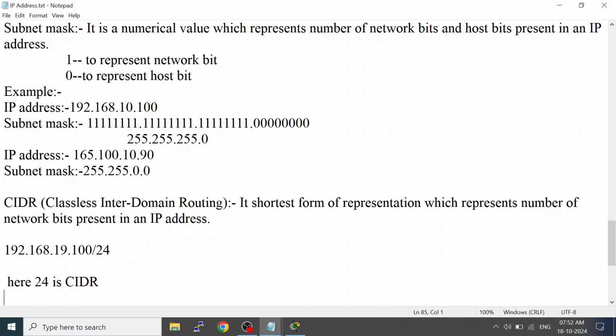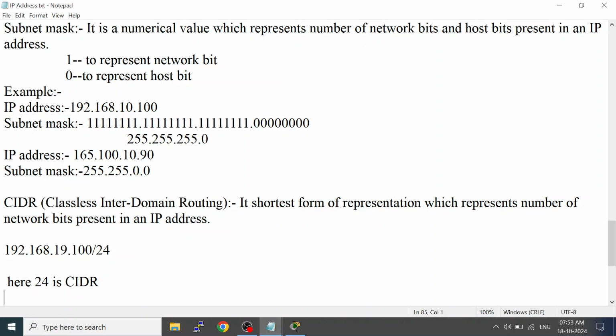By default, just by seeing the IP, you say this much network, this much host. But when you do subnetting, you change all the orders and the IP looks the same. So that is why we need to give the subnet mask and tell our computer how many bits in this IP address are network and how many bits are host.